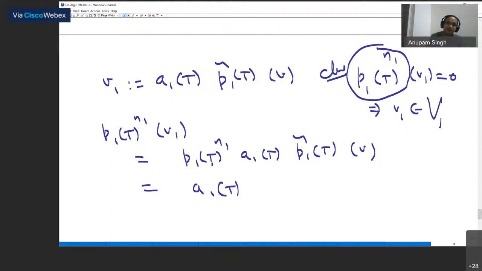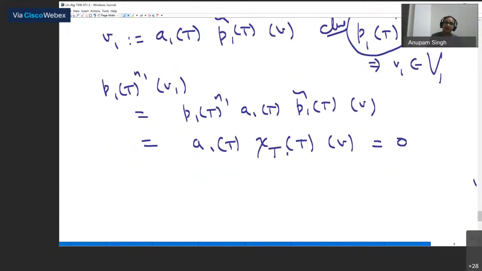And if I take p1 t to the power n1, p1 tilde t, remember the way I defined p1 tilde t, it was characteristic polynomial divided by this. So I'll get here now the characteristic polynomial of t. Now the Cayley-Hamilton theorem will say that this is 0. I get 0. So you can see that even if I had taken the minimal polynomial, it wouldn't have mattered. I still get this 0. So this comes from the Cayley-Hamilton theorem.